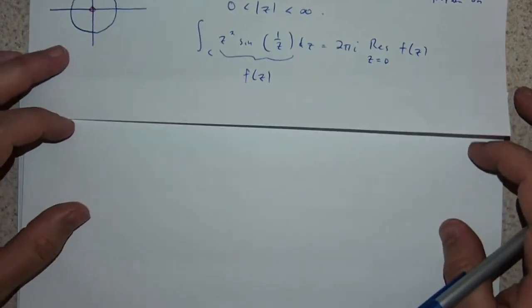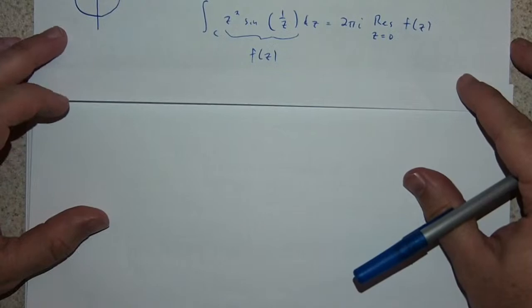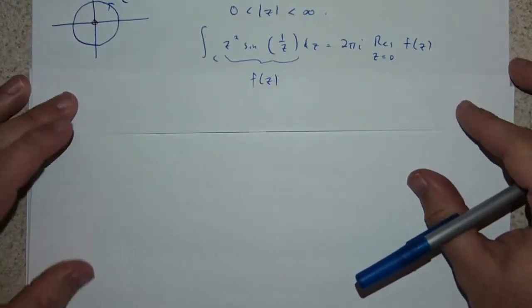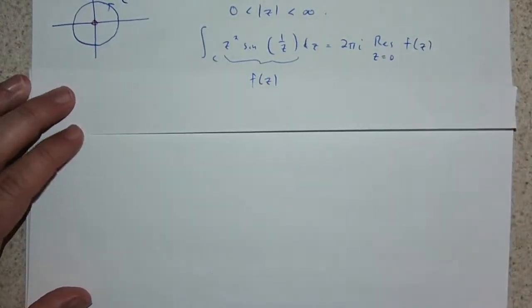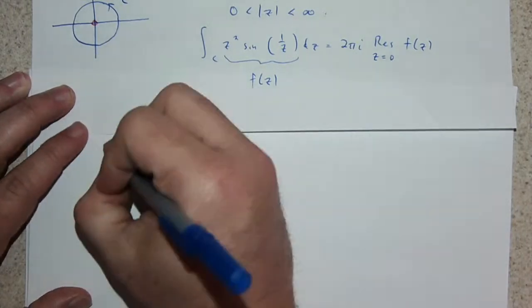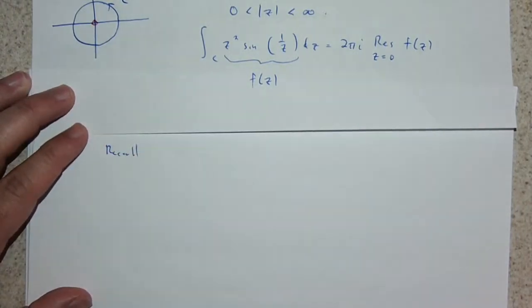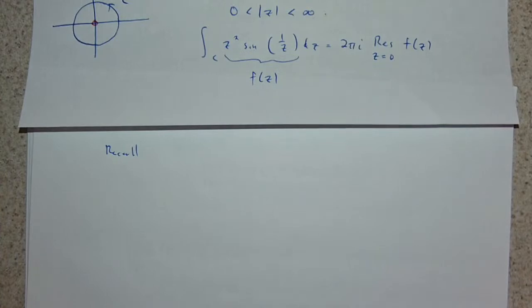So there's my integrand and the integral that I'm computing. Recall, typically we don't want to have to use Laurent's theorem to find the coefficients of the Laurent series, because we ultimately want to use a consequence of Laurent's theorem to compute these integrals in question. We don't want to compute the integrals.